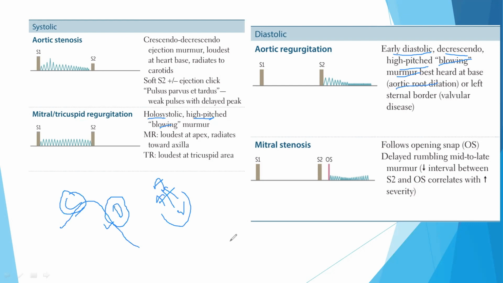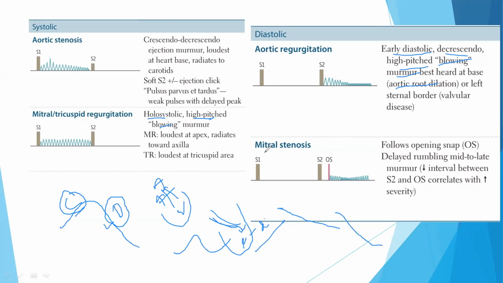Now, it is because when the heart goes into the diastolic phase, there is flow of blood from the aorta towards the left ventricle, which produces the early diastolic murmur, which is decreasing. That is, the intensity just decreases. In case of aortic stenosis, intensity increases and then decreases. But in case of aortic regurgitation, the intensity is only decreasing.